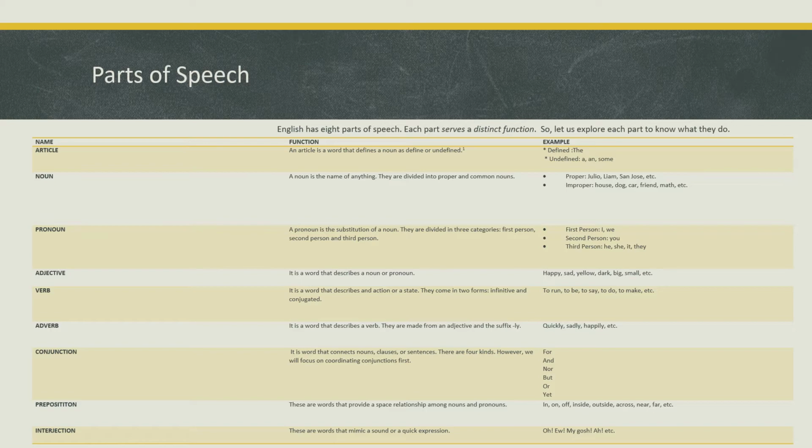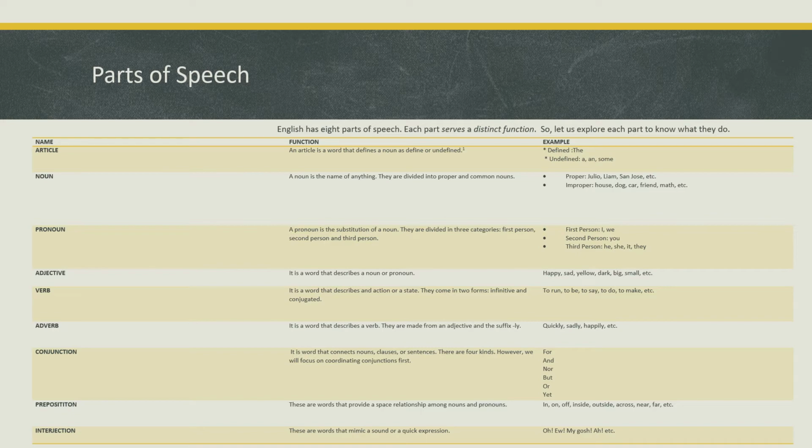So those are adjectives. Basically, it tells us how something looks, how something feels, how something sounds. It's a descriptive word, right? So it describes objects, describes people.